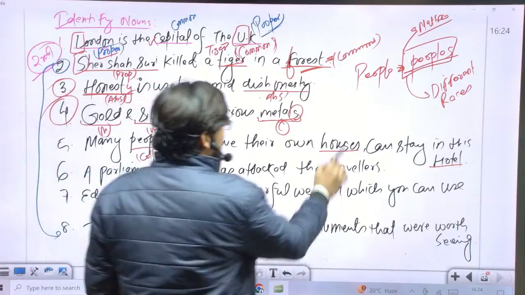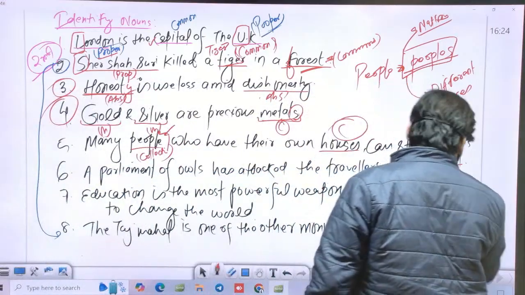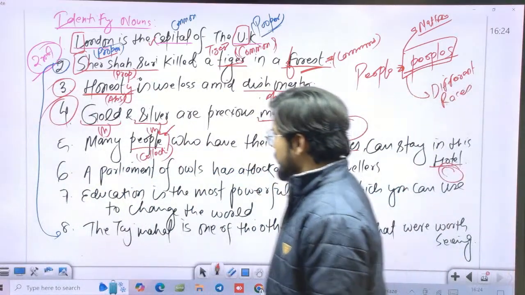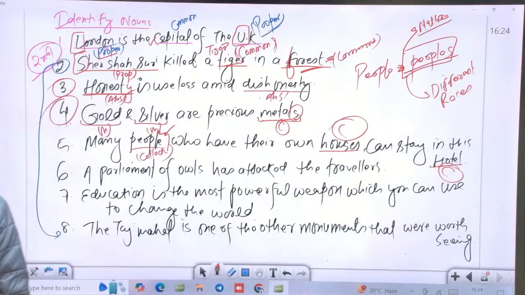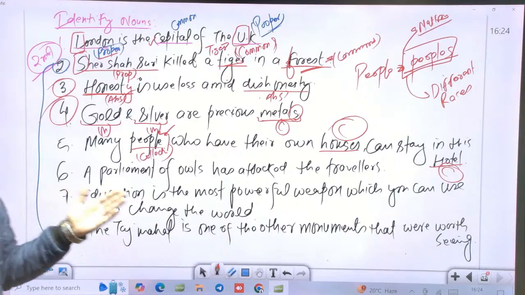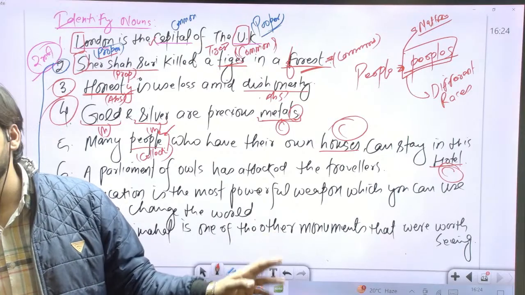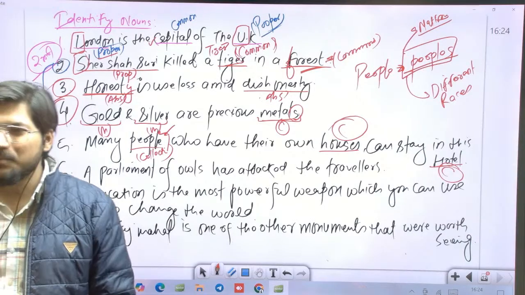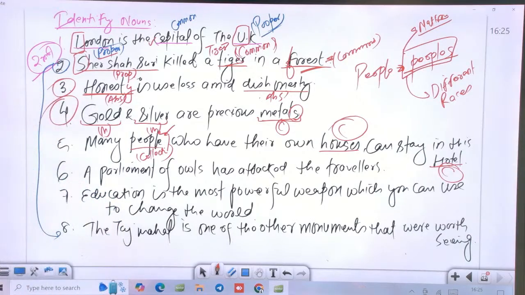Okay, house is your common noun. Hotel is also a common noun, because we can say forests, so many forests can also be said. Do you think forest is a material noun? No. There are some nouns like money. If I talk about money, money is what? Countable, uncountable?